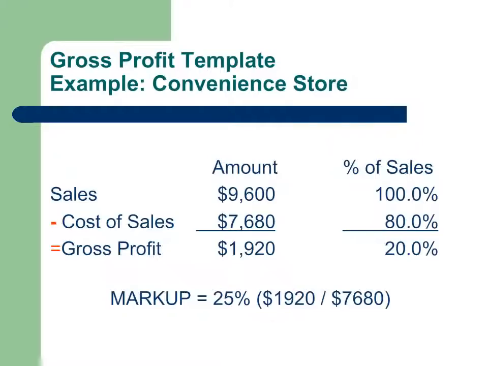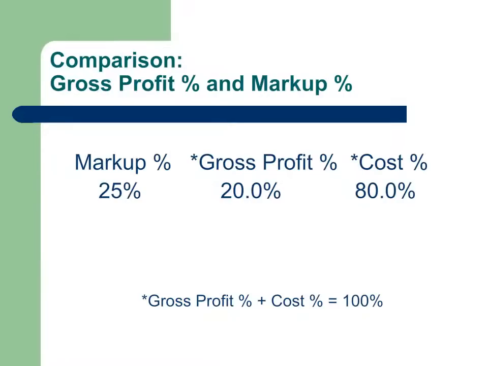So let's summarize the last three examples. A markup of 25% always equals a 20% gross profit margin. And because the gross profit margin plus cost percentage must equal 100%, that is an 80% cost of sales. Likewise, a markup of 50% always equals a 33.3% gross profit margin and a 66.7% cost of sales.